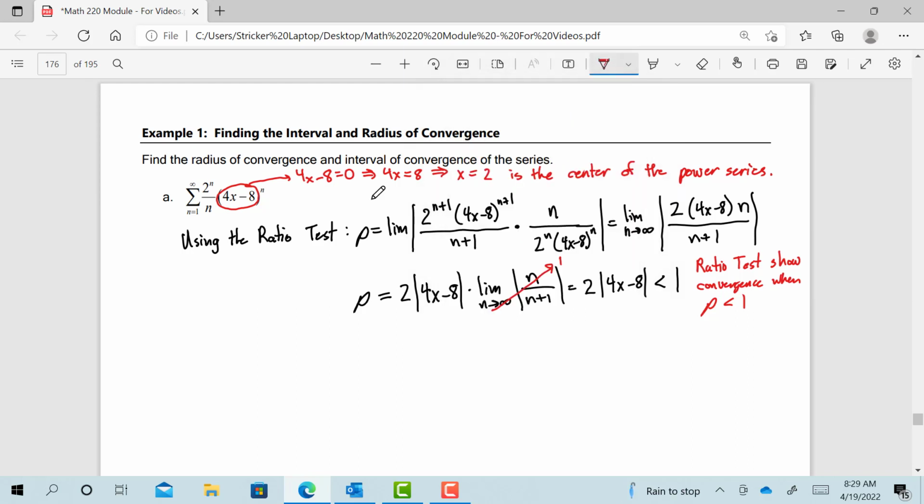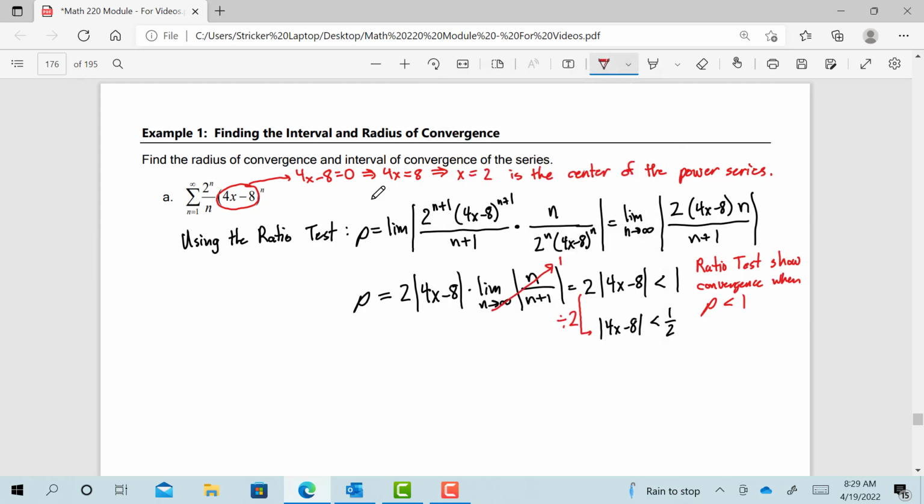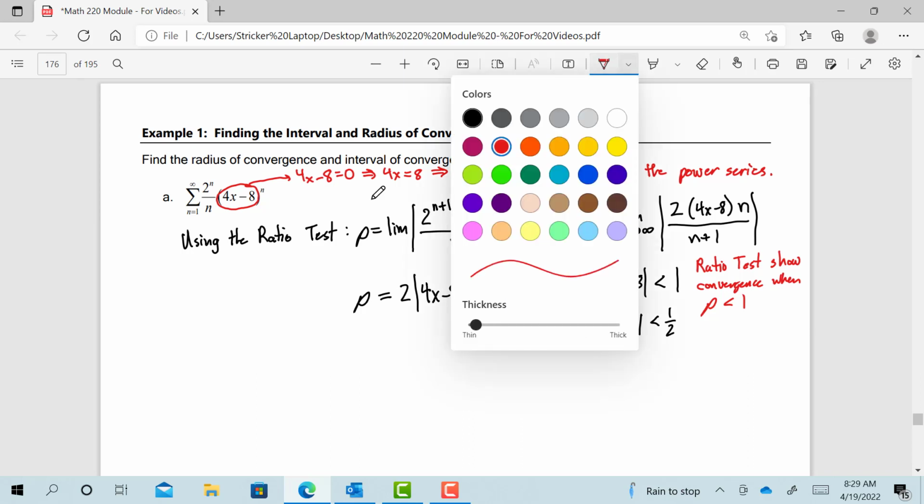We can start by dividing by 2. If we divide by 2, that leaves the absolute value of 4x minus 8 is less than 1/2. Then notice that both the 4x and the 8 are divisible by 4, so we could factor out a 4.